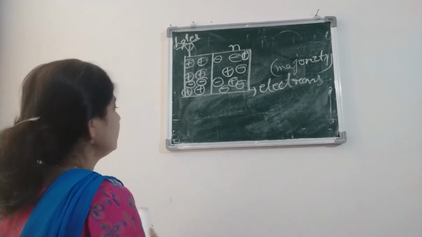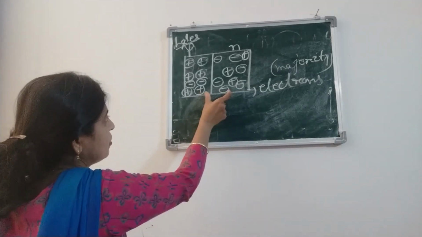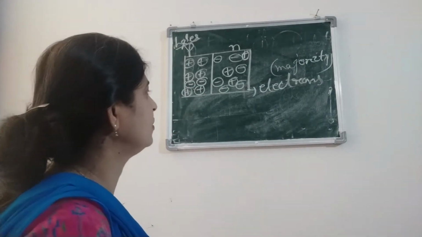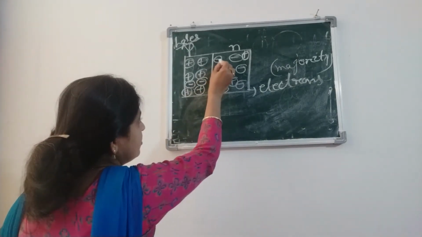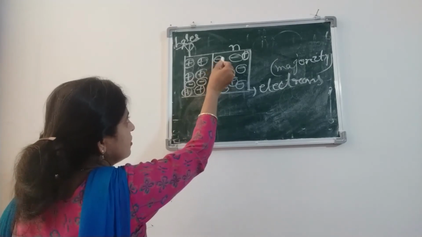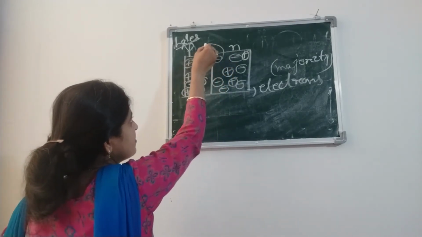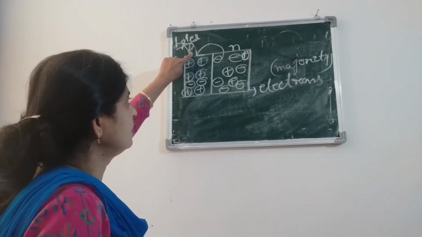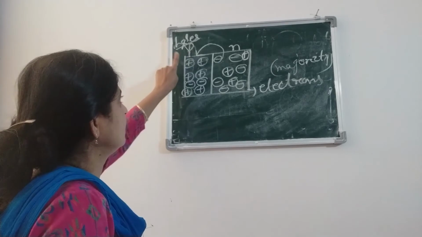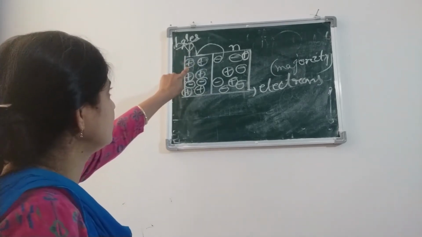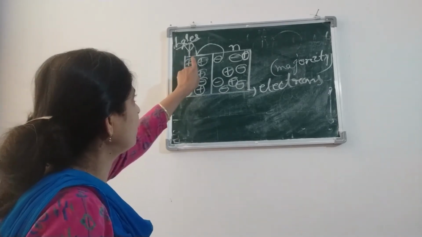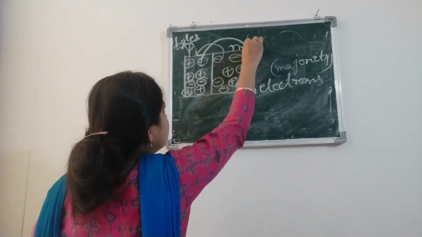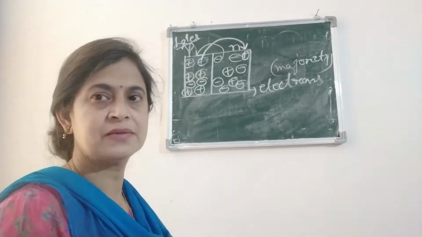So when we join or combine P and N-type semiconductors, what will happen? The majority charge carriers, which are electrons from the N side, will diffuse to the P side, and the majority charge carriers, which are holes from the P side, will diffuse into the N side.